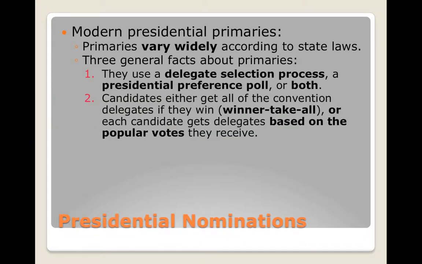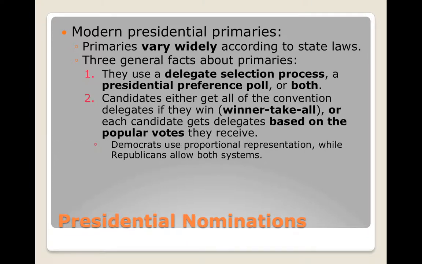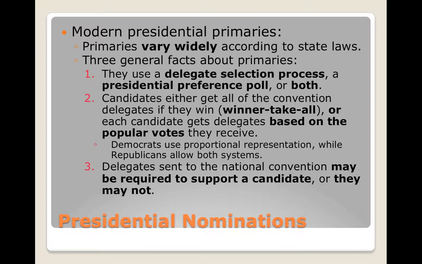Two, candidates either get all the convention delegates if they win, the winner-take-all system, or each candidate gets delegates based on the popular votes they receive. Democrats use proportional representation, while Republicans allow both systems. Delegates sent to the National Convention may be required to support a candidate, or they may not.